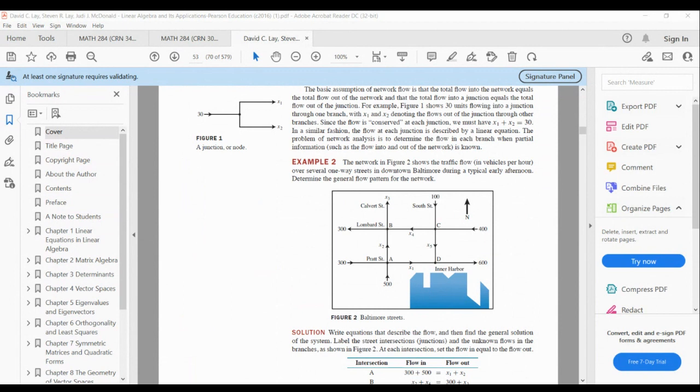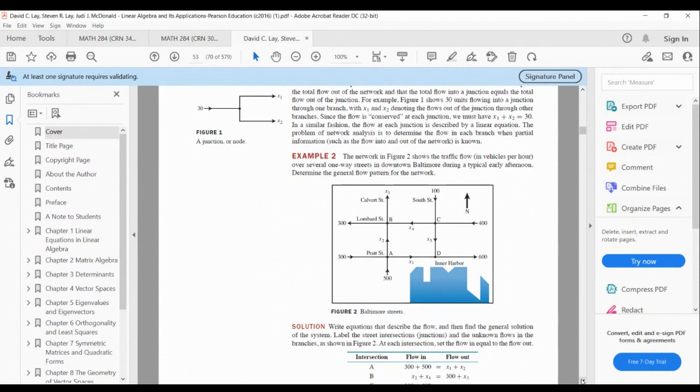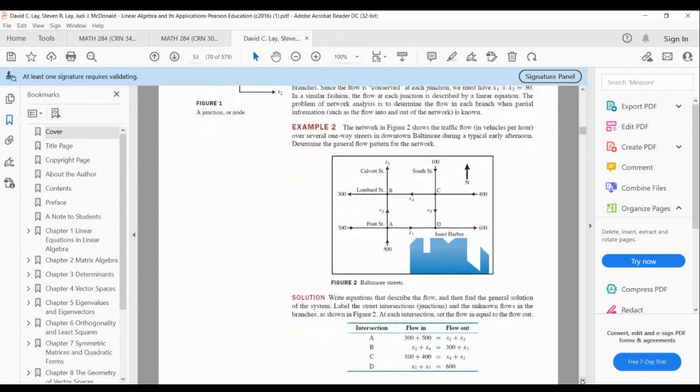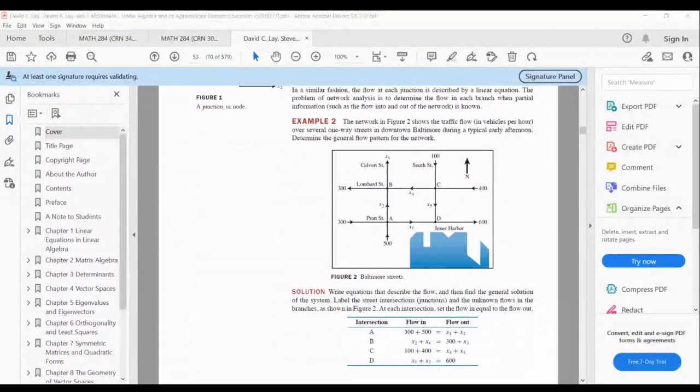So how would we read the numbers on this little diagram here? If you look at intersection A, you have flow in and flow out. Intersection A is the intersection of what streets in the picture?